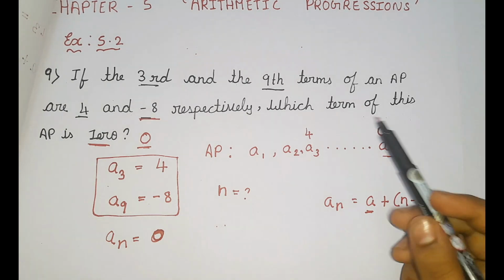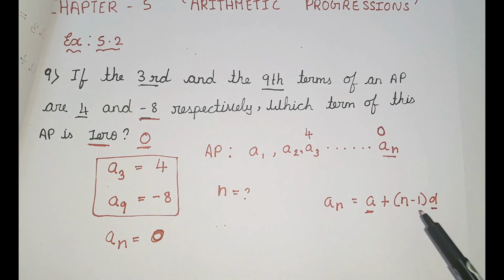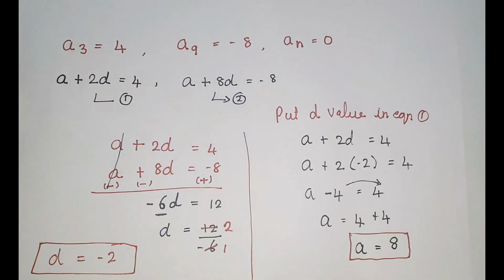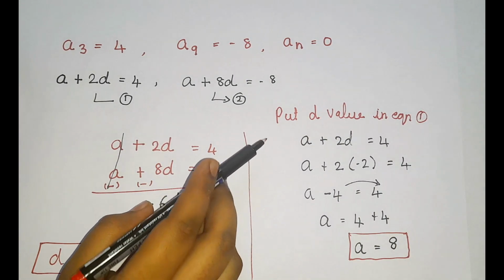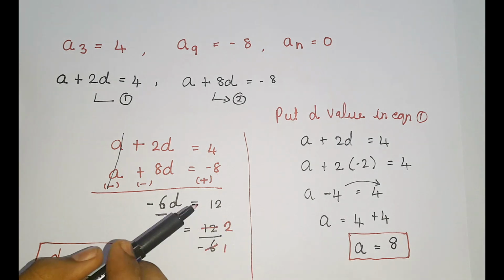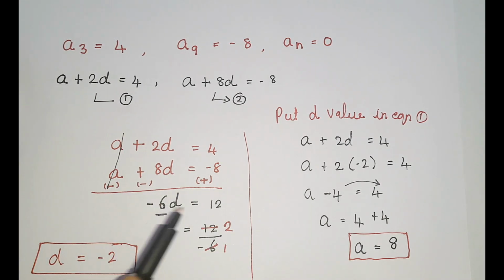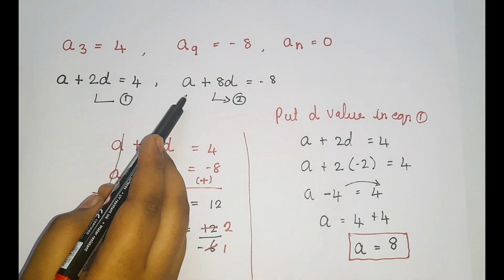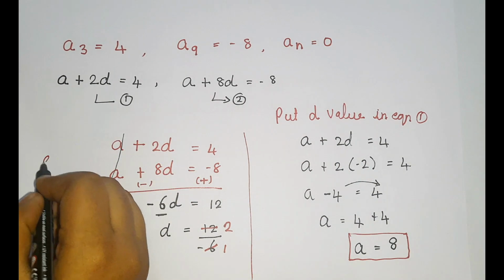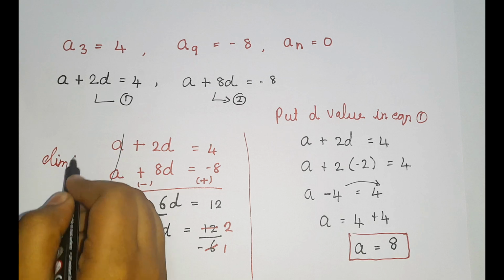In the question they didn't mention the a value or the d value, so I did this and got the d value and the a value. Remember guys, whenever we don't get the a value and the d value, we are supposed to abstract the values like this and then do it by the elimination method.